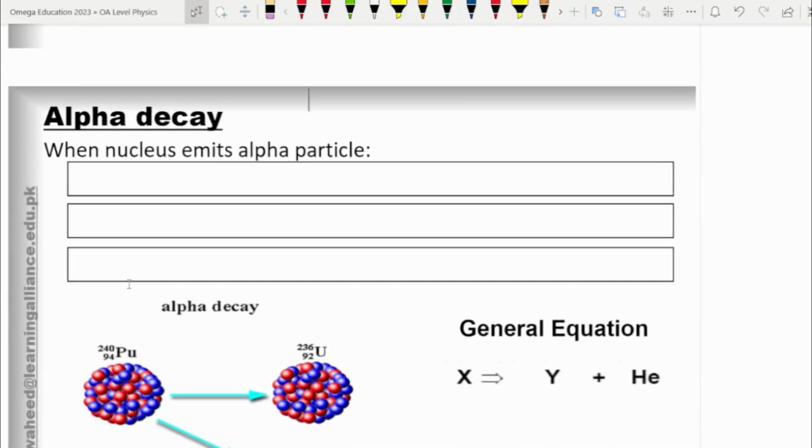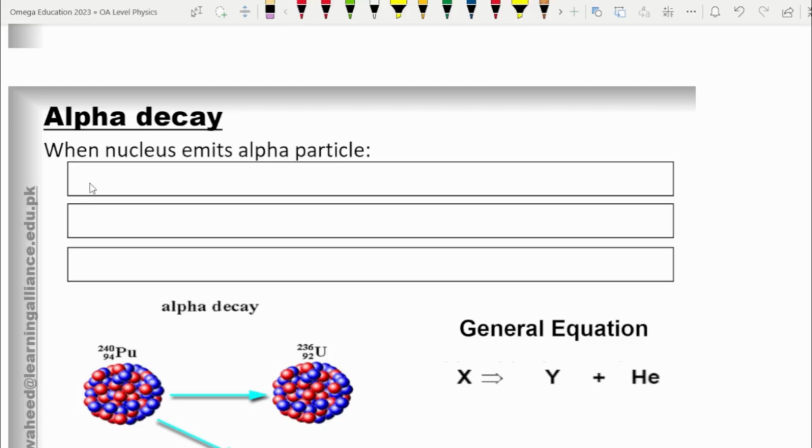Now let's take a look at the first one, the alpha decay. We study these decays in sequence: alpha decay, beta decay, and then gamma decay. The most important thing in alpha decay that you need to keep in your mind is that in this process an alpha particle is emitted.